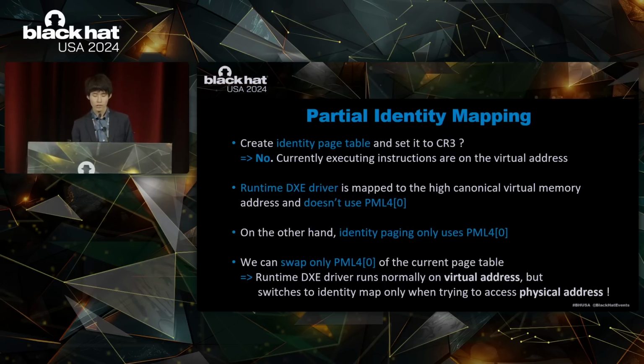Since the runtime DXE module is mapped to a high canonical address, it doesn't actually use the first entry of the PML4 table. On the other hand, identity paging can be realized with just this first entry of the PML4. So by replacing this entry of the currently used page table, runtime DXE modules can continue to operate on the virtual address and switch to identity paging only when accessing the physical address.